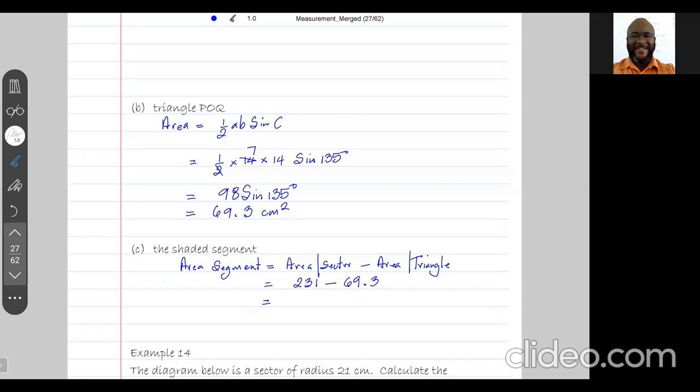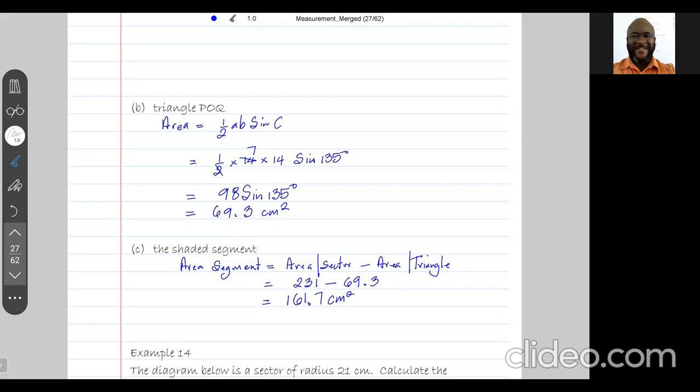So we have 231 minus 69.3. All right. And our answer is 161.7, and this is centimeters square.